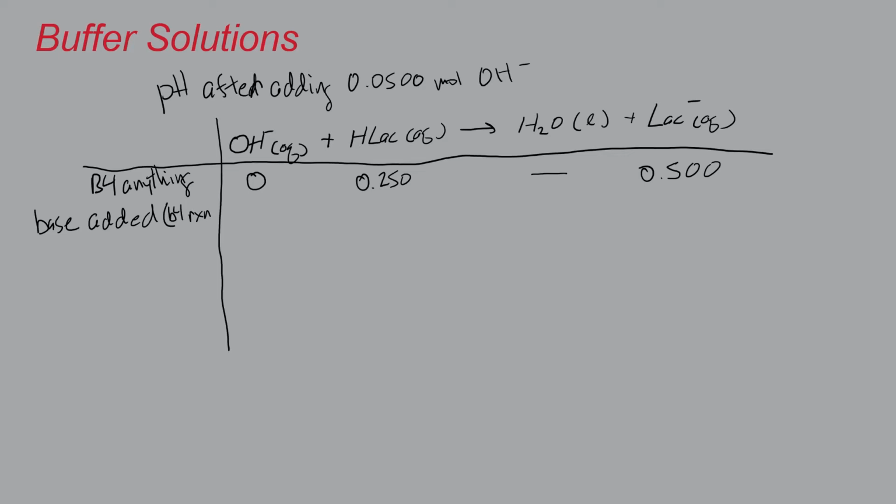Now this is hypothetical because the reaction pretty much starts instantly, but we can start here. So we've added 0.0500 moles of this. And now these here are unchanged, 0.25 molar and 0.5 molar.